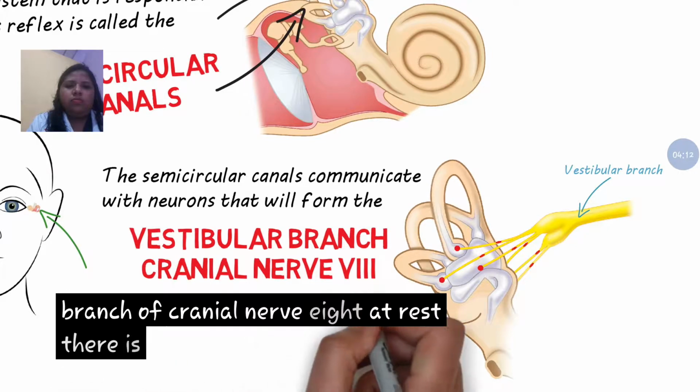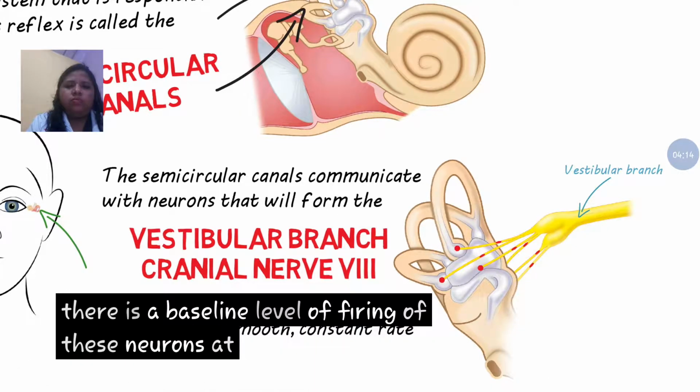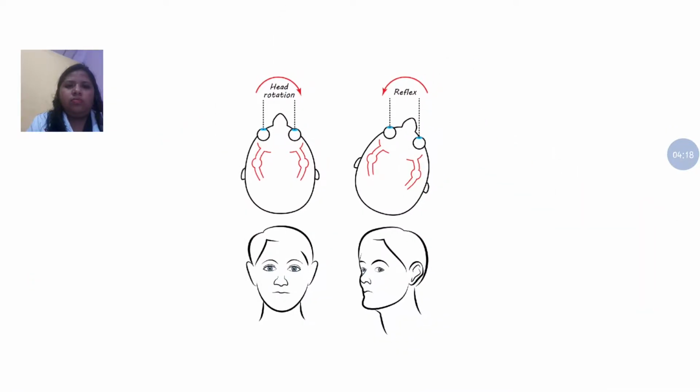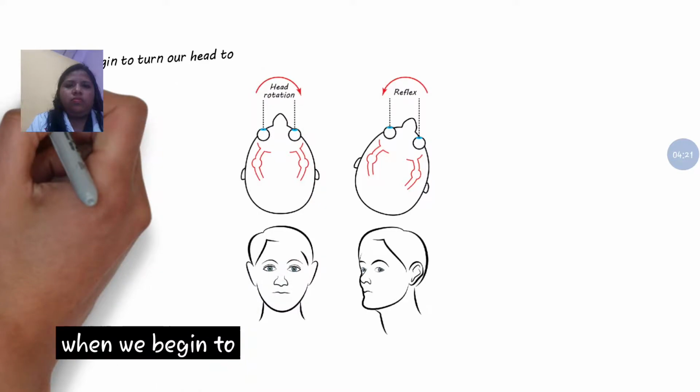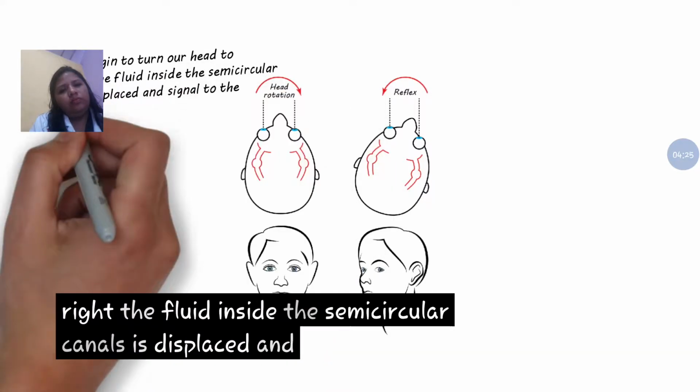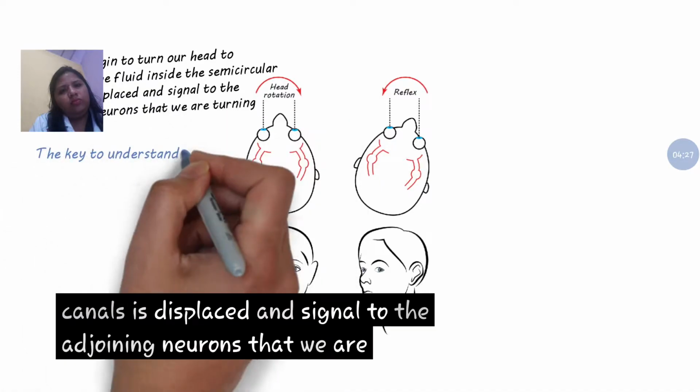At rest, there is a baseline level of firing of these neurons at a smooth, constant rate. When we begin to turn our head to the right, the fluid inside the semicircular canals is displaced and signals to the adjoining neurons that we are turning.